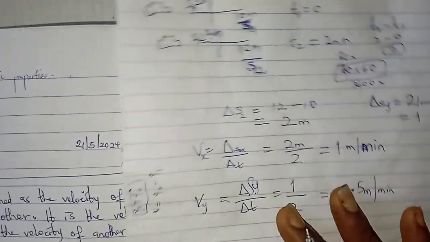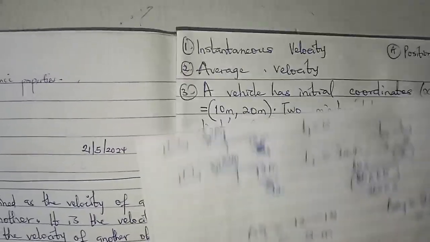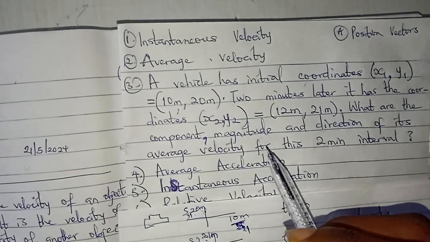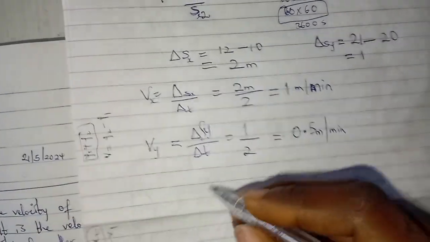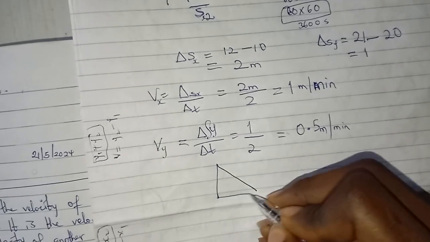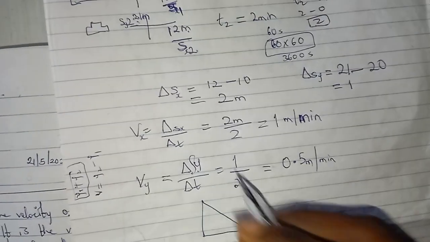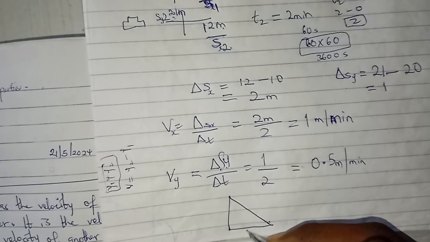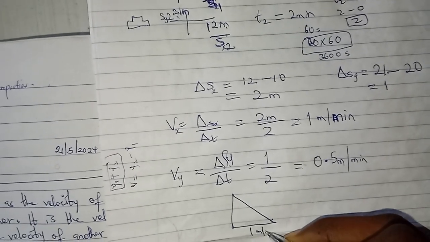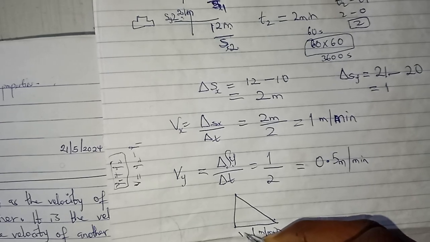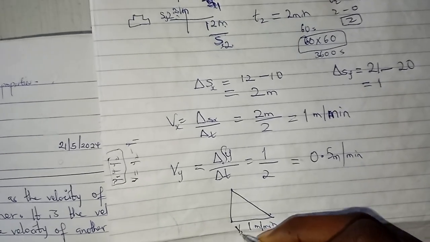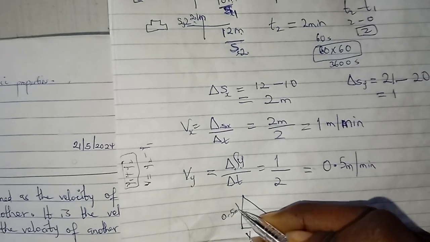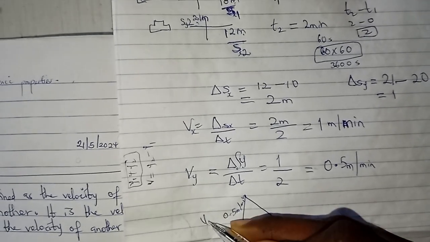And now that I've gotten this, to get the magnitude, like they said, I'll simply take the velocity for x, which is 1 meter per minute. That is Vx. Then for y is 0.5 meter per minute, which is Vy.